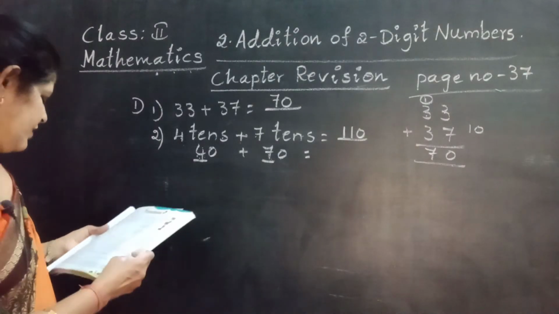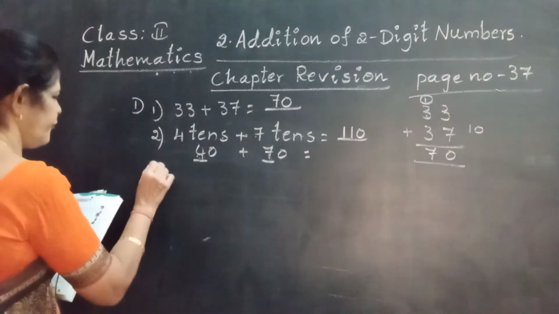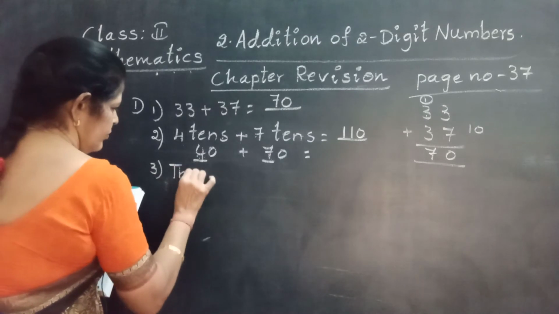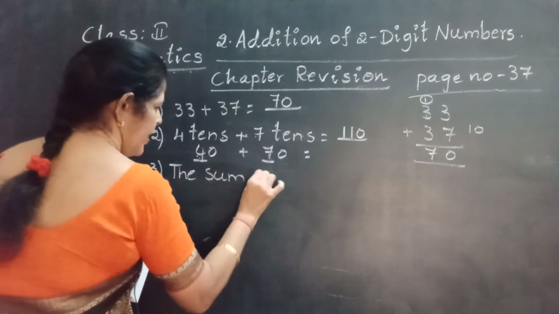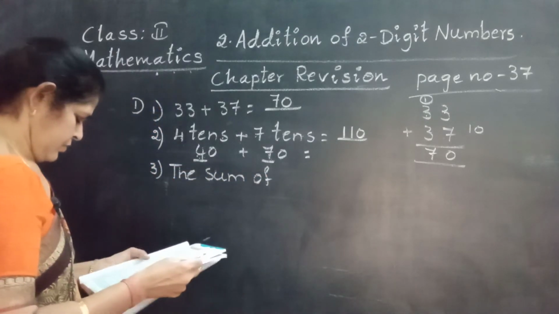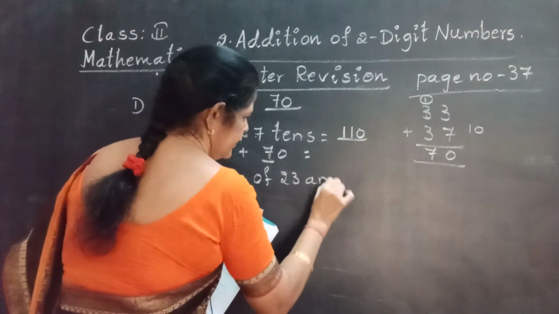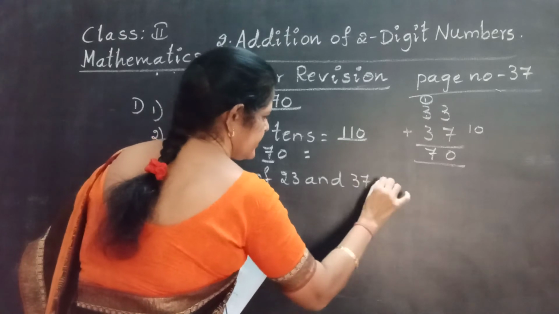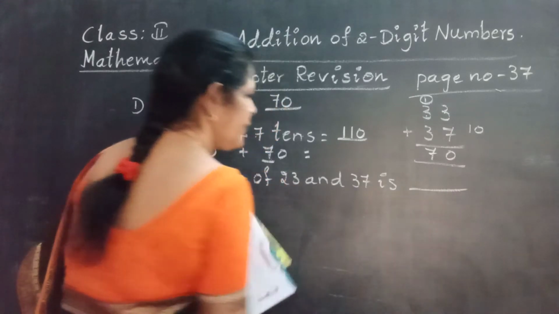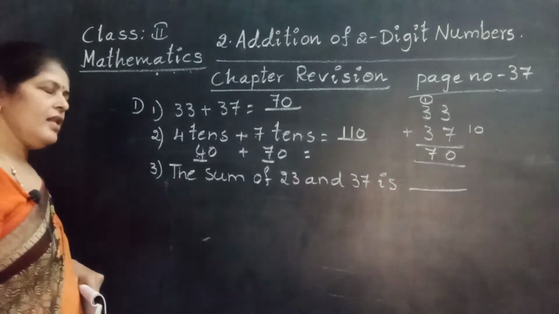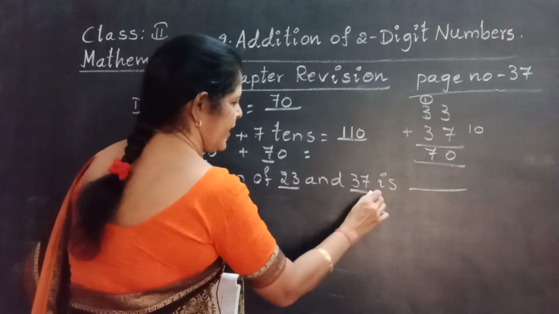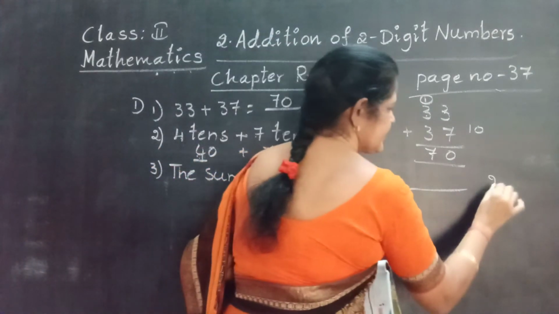Now go to the third one. The sum of 23 and 37. The sum means total. How do you get the total? By addition of the given numbers. 23 plus 37.